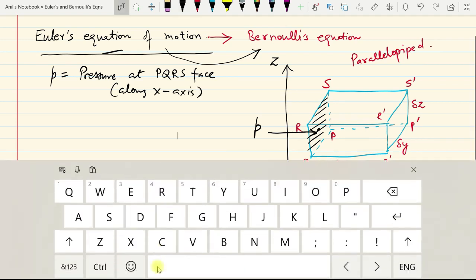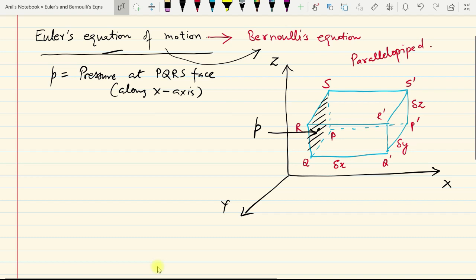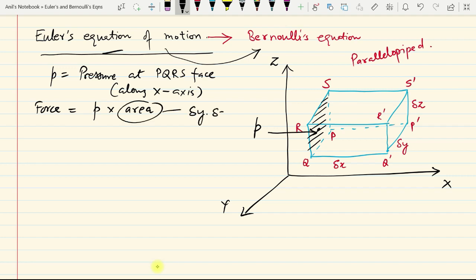Now, if you want to obtain the force on this face, we can get it by multiplying pressure with area, and the area of this particular face is delta y into delta z. So it is clear from the diagram. Now force will be equal to P into delta y delta z. So this is the force acting on this face.